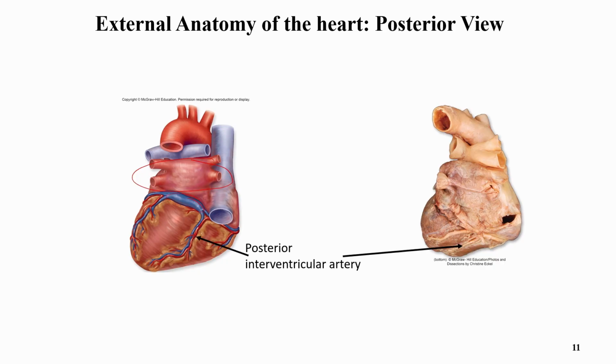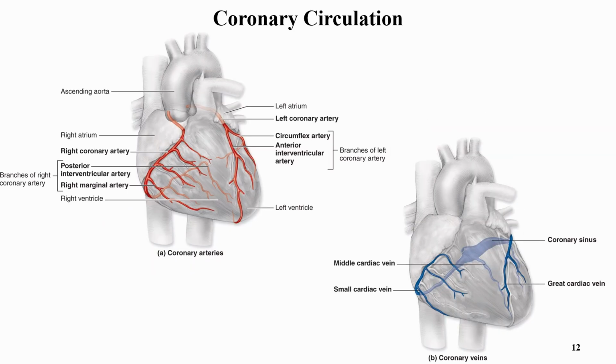And I have a posterior interventricular artery. So the interventricular is not a good way to orient yourself because there's an anterior one and there's a posterior one. On the posterior side, the coronary sinus is your telltale right there. You do not need to know any of these additional muscle vessels.